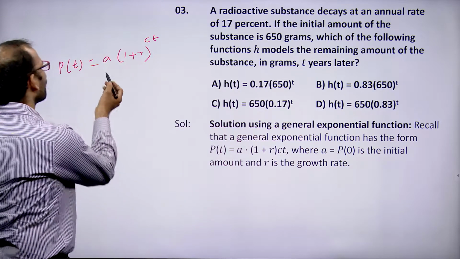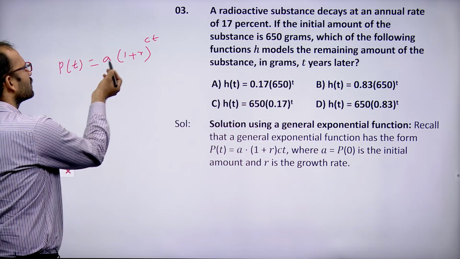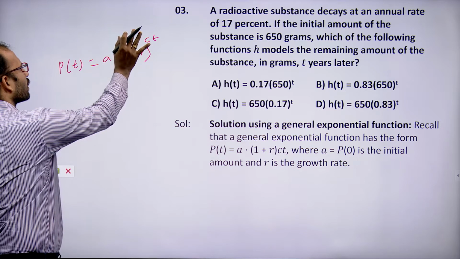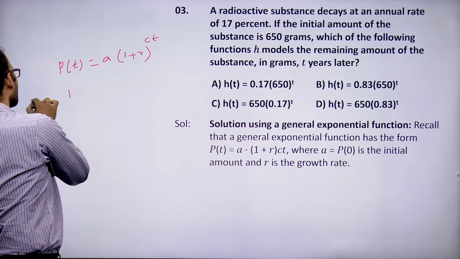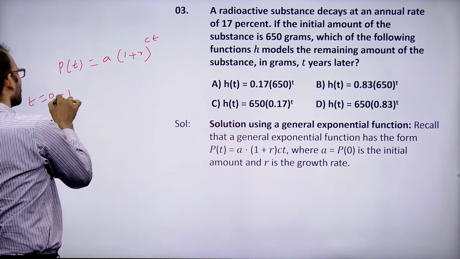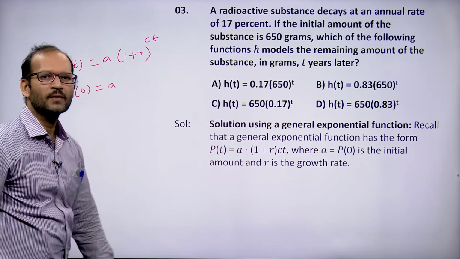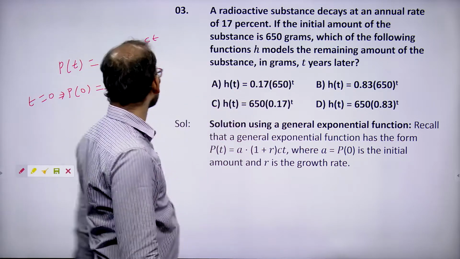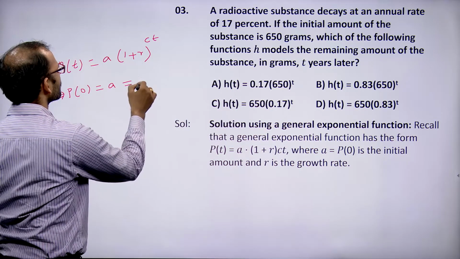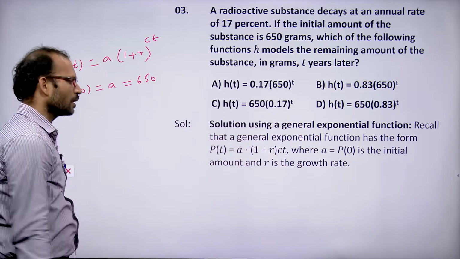See here, what is the initial amount? Initially at T equal to 0, what will happen? The power will be 1. That means at T equal to 0, P of 0 equal to A, that is nothing but 650 grams initially.